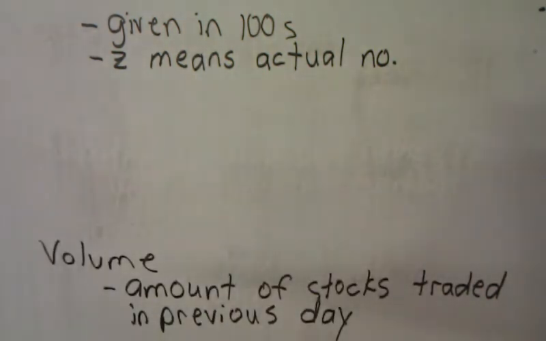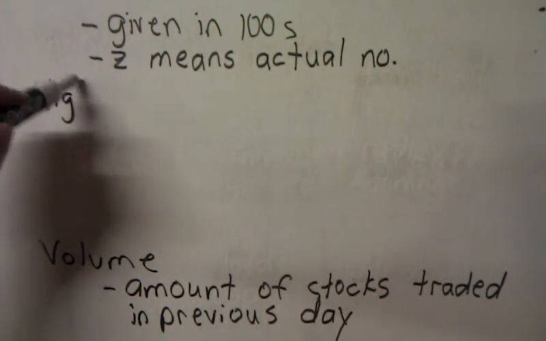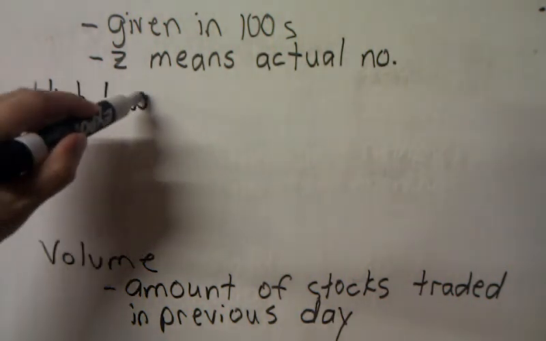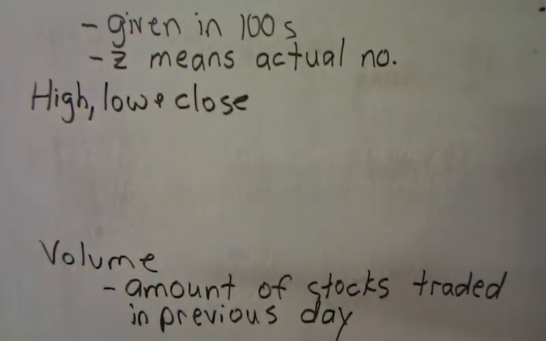Next, there's high, low, and close. This will tell you of the activity the day before, the highest price and the lowest price of the stock. The closing price means the price of stock whenever the trading day ended.